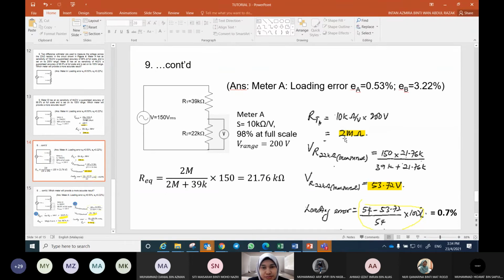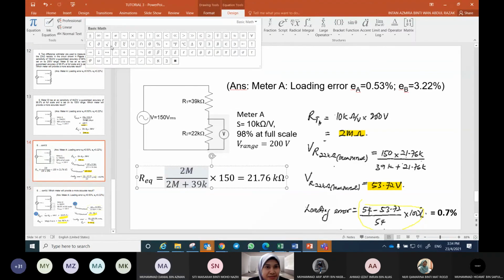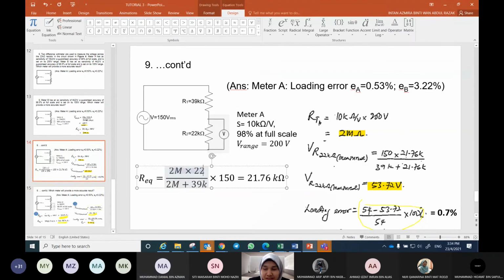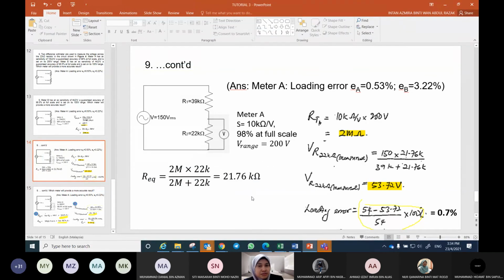2 meg parallel with 22K, and then plus 39K. I did this using the voltage divider principle. And then get the answer.